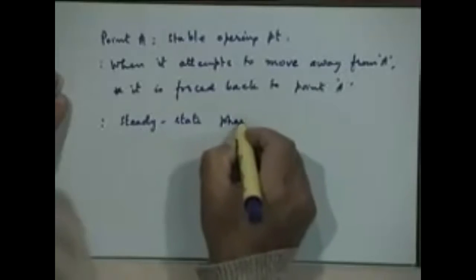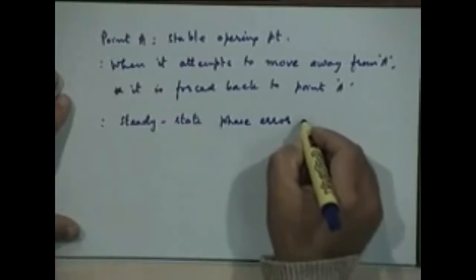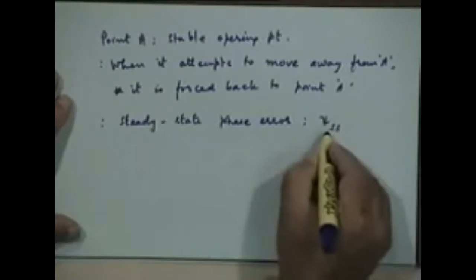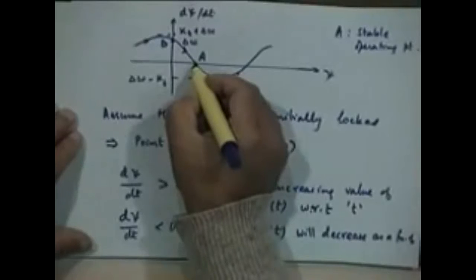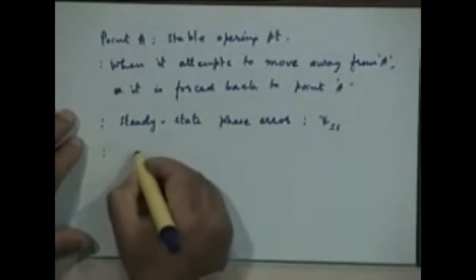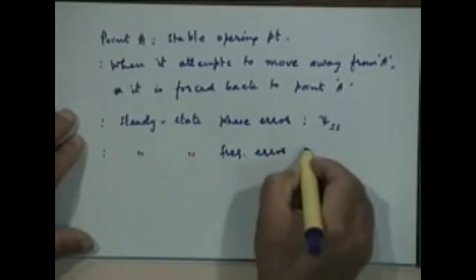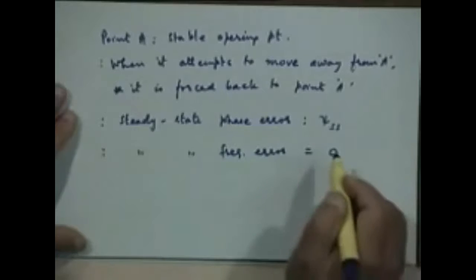So, the steady state phase error, let us call it psi sub SS, is some value, that value is governed by this point, this is the value of psi SS, right. We will write down an expression for this later, but we can also see that the steady state frequency error is equal to 0 in this lock condition, right.